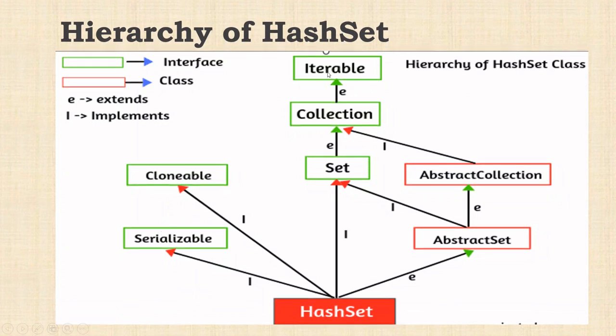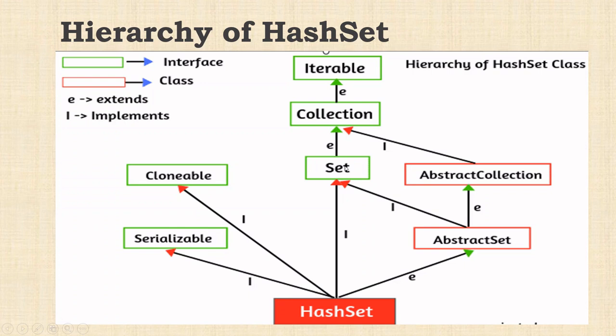Iterable is the interface, our root interface. Collection is also an interface, and it extends this Iterable interface. Set is an interface, and Set extends the Collection interface.